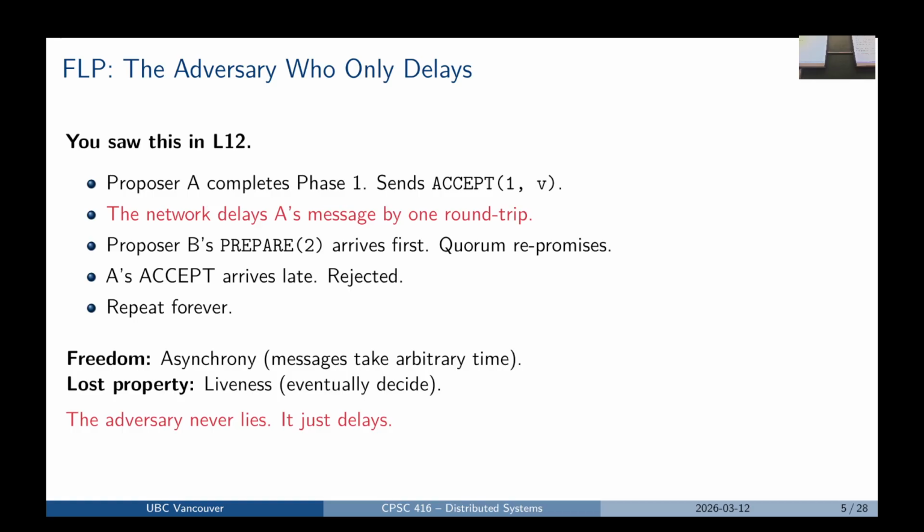So in FLP, what we saw was the problem is network delay. So we have a proposer who completes phase 1. He's got quorum. And he now sends his accept message.